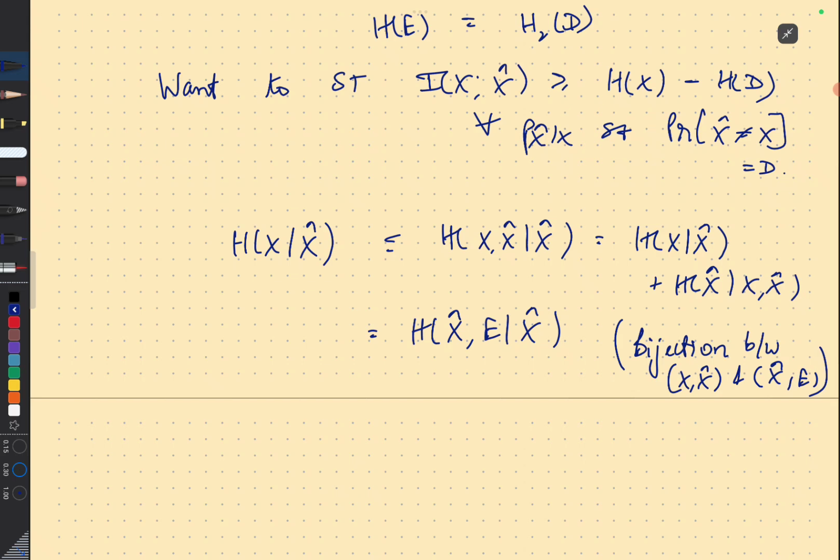And you know that the entropy is invariant to bijections. So this is equal to h of e given x hat plus h of x hat given e and x hat, which is equal to 0.